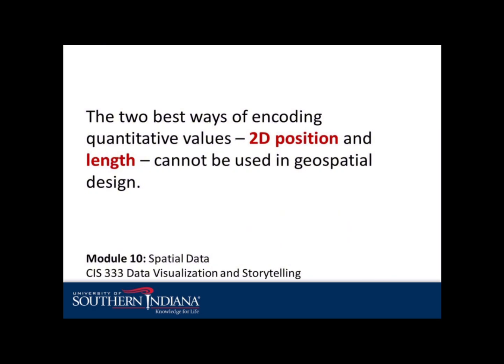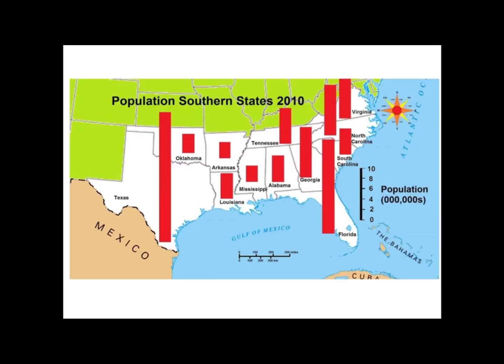So here's a good representation of why you can't use 2D position and length in a map. What's wrong with this visualization right here? Well, first of all, there's no baseline for your bar charts, so it's very difficult for the user to tell the difference in the length between the different bars.